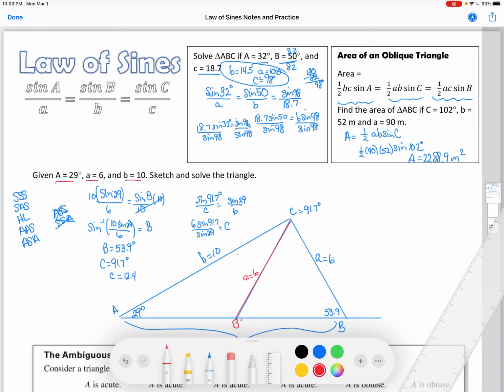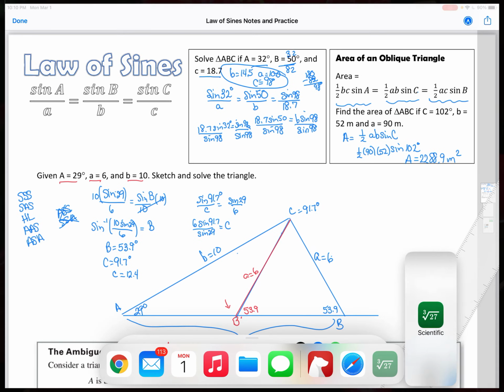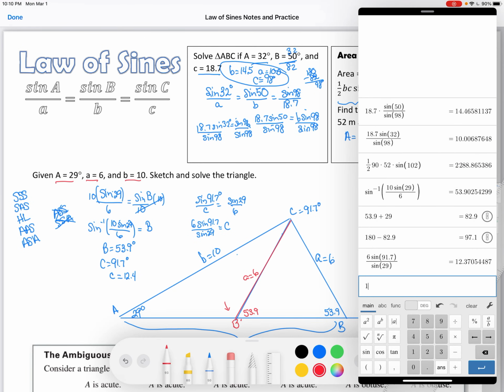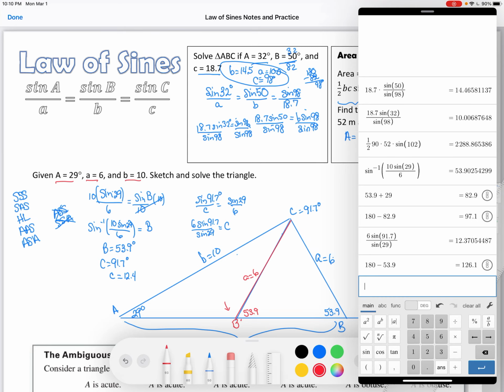So if this is 53.9 degrees, then the other base angle would be 53.9 degrees. And to find this angle, we would need to subtract 53.9 from 180 degrees. So 126.1.